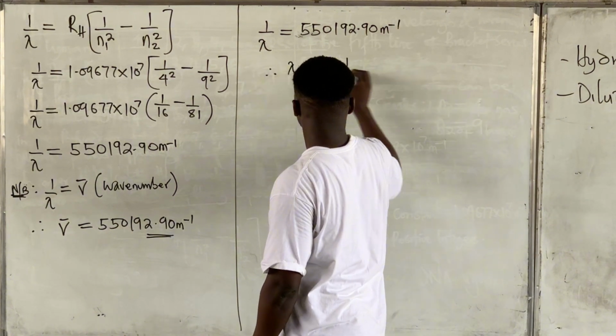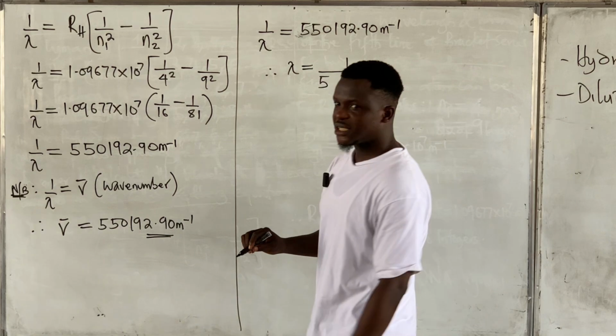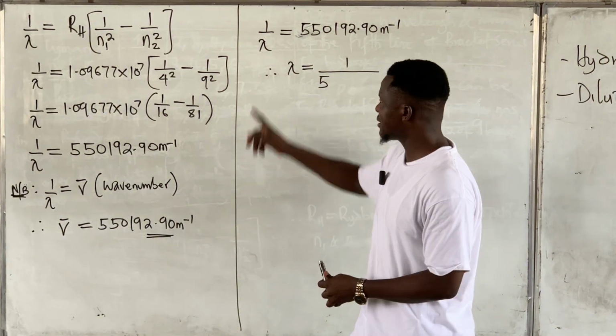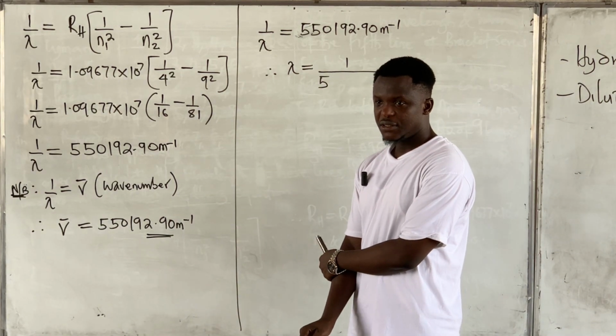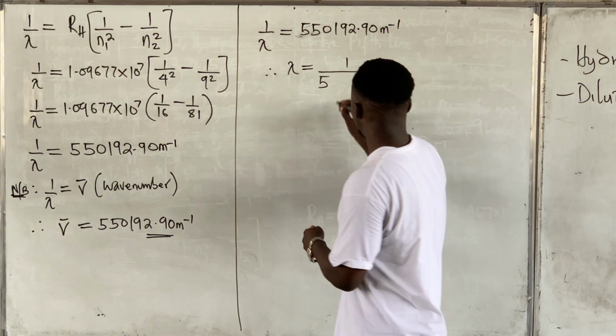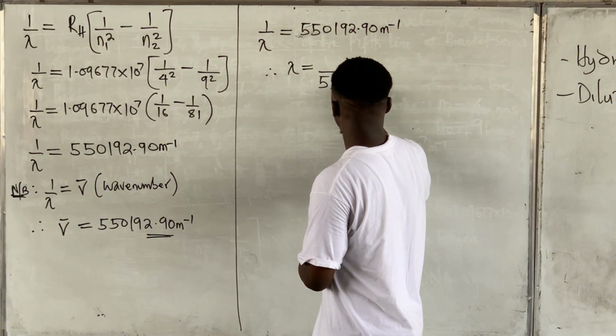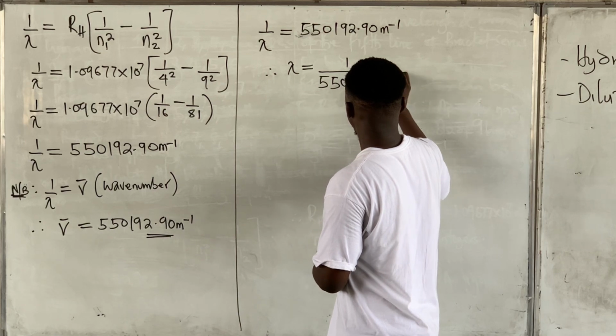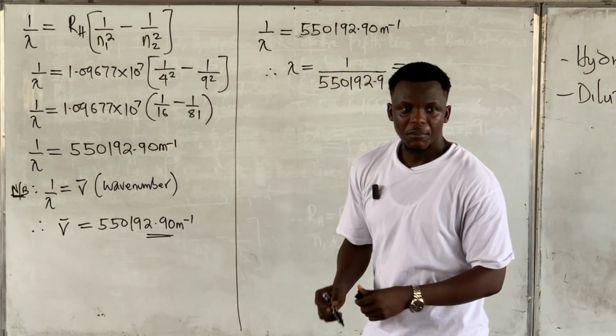Lambda becomes 1 all over that. If you cross multiply and make this subject of the formula, that's what you're going to get. So this becomes 1 all over 550,192.9.